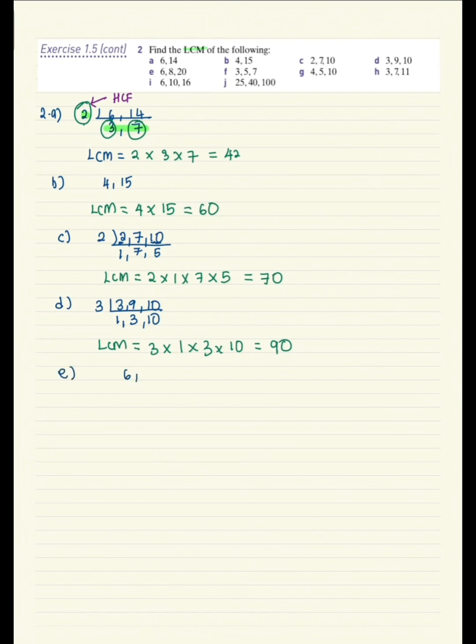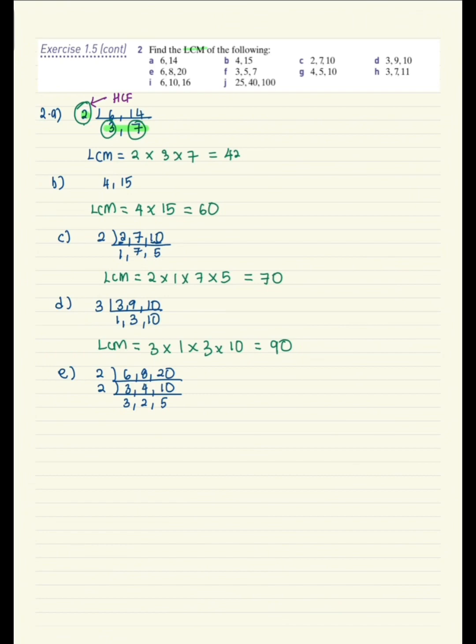Let's take a look at question E. 6, 8 and 20. These are all even numbers, so they are divisible by 2. You will get 3, 4 and 10. 4 and 10 are even numbers, therefore they are divisible by 2. 3 will remain the same because it cannot be divided by 2. 4 divided by 2 is 2. 10 divided by 2 is 5.